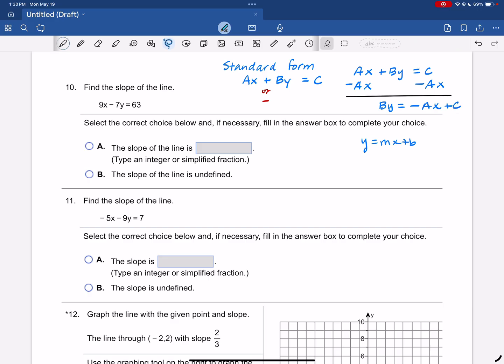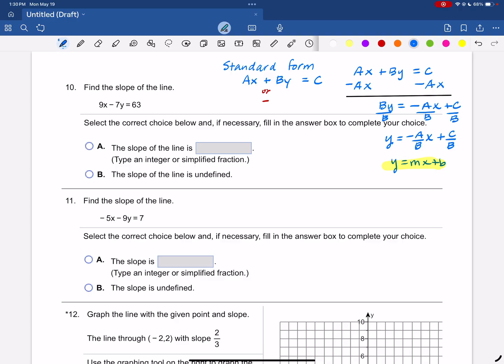And now the only thing I have to do to get it in this format of y equals mx plus b is to get rid of this b that's being multiplied. So I'm going to divide every term by b. So y is the opposite of a over b. Use the word opposite, not negative. Okay, it makes it easier. Plus c over b.